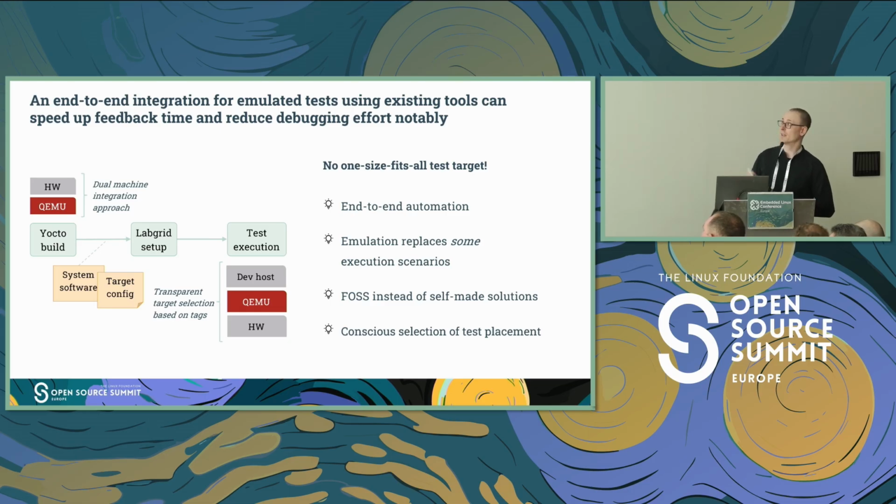And this then would start with a dual machine approach. I think we had that in one of the presentations earlier this day. So you basically would add a virtual target, QEMU in my case, aside from your actual product integration, and then by this have a single source of truth for your configuration.